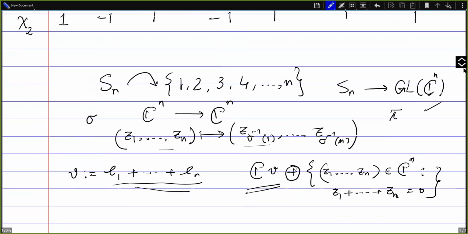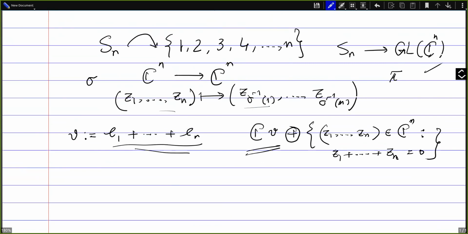So this is the subspace. This is a one-dimensional subspace, and this is an n minus one dimensional subspace. Thus Cn admits the following decomposition into invariant subspaces.